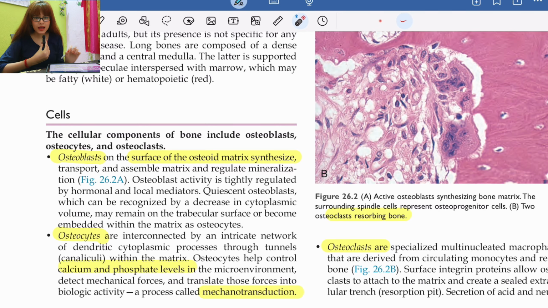So the basics have to be clear. There are three kinds of cells: osteoblasts, osteocytes, and osteoclasts. Important to understand is that the function of osteoblasts is osteoid matrix synthesis, which means that osteoblasts will synthesize bone, right?